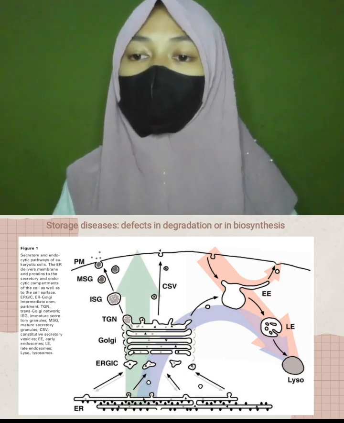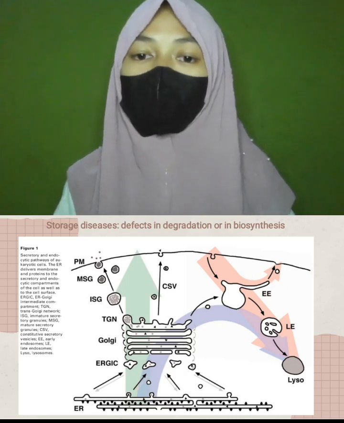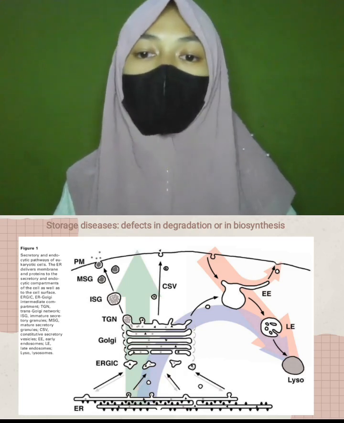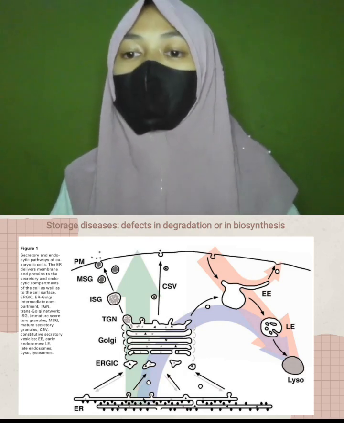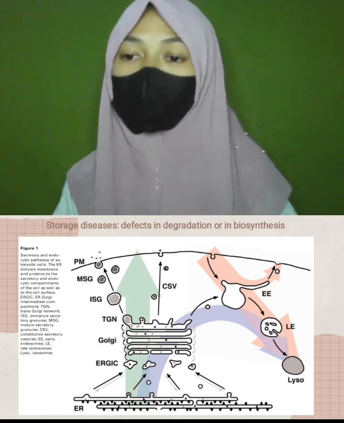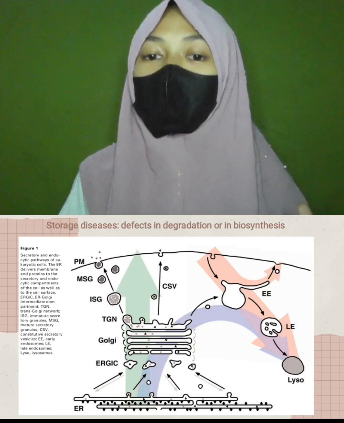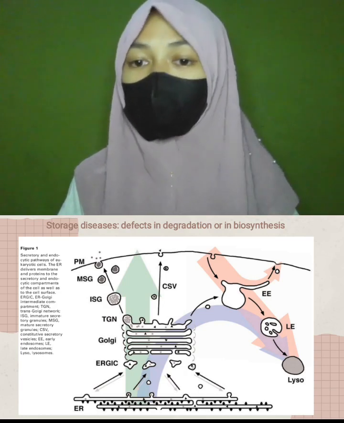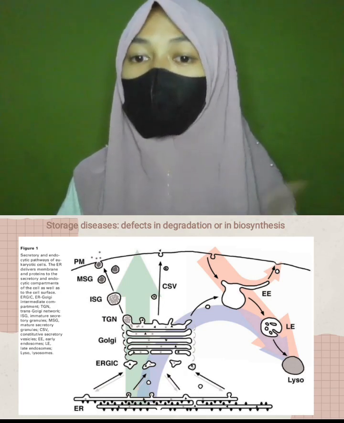By vesicles or tubules, they are delivered to the cis side of the Golgi apparatus and move by vesicular transport or cisternal maturation through the Golgi cisternae to the trans-Golgi network, the TGN.